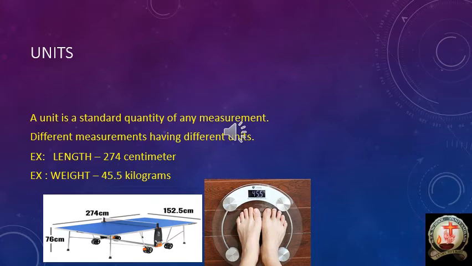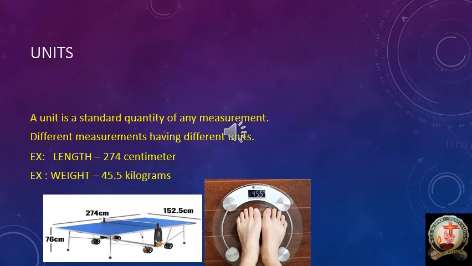I hope you have understood now. Here length is the measurement, and centimeter is the unit of that length. Next, you can see the second picture. One person is checking his weight, standing on the weighing machine. The weighing machine is showing a reading, which is the weight of that person.